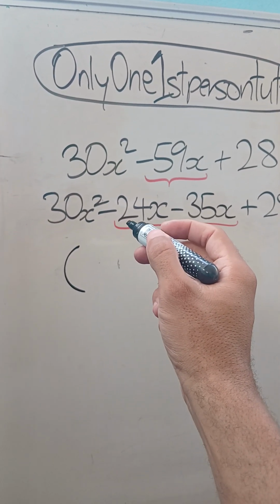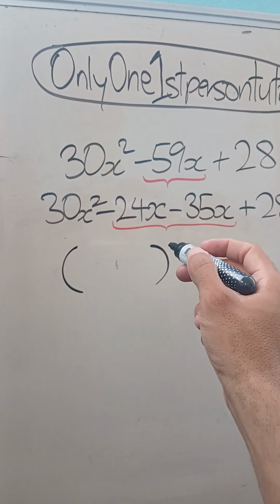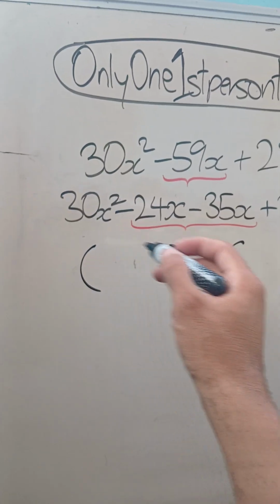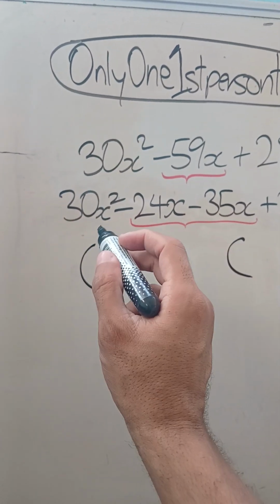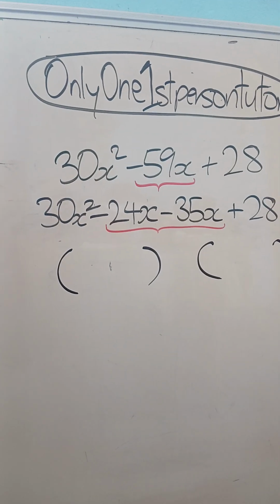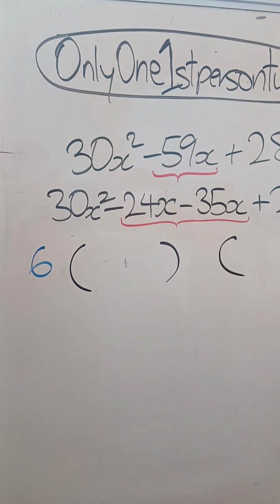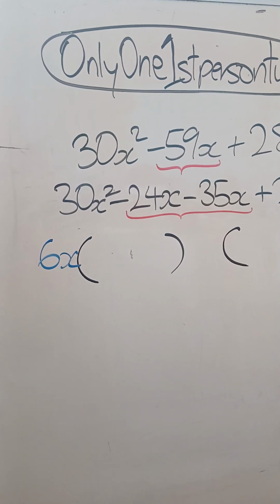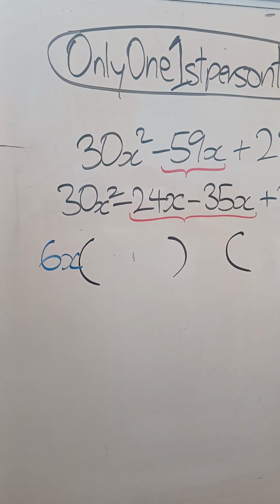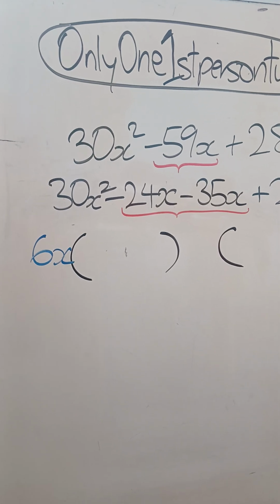This is a triple 2 times 3. This is a 2, 3, 5. So both of them have 2, 3 in common. So out here is going to be a 6. Well, let's save ourselves the time and put the x right there. Yeah? Because after all, x is the HCF of x and x squared, right?